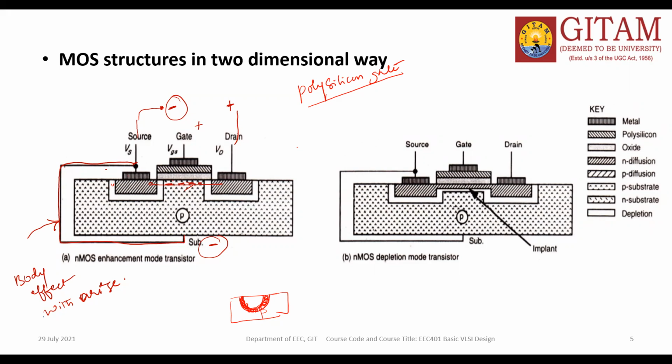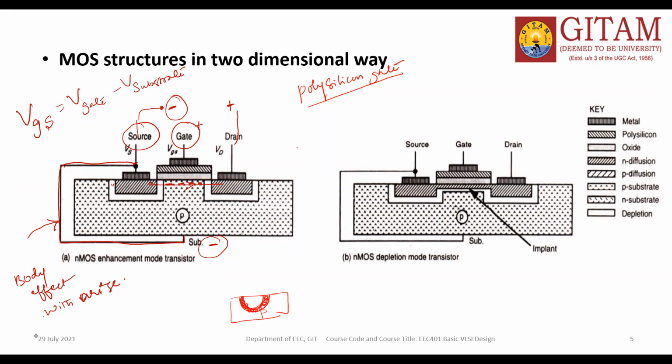Now, instead of saying gate to substrate potential to provide the inversion charge, I can say gate to source. So VGS, now we can call it, instead of substrate. VGS is the potential of the gate with respect to the source.